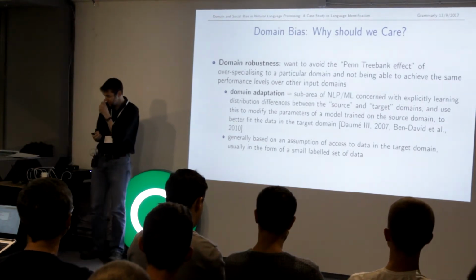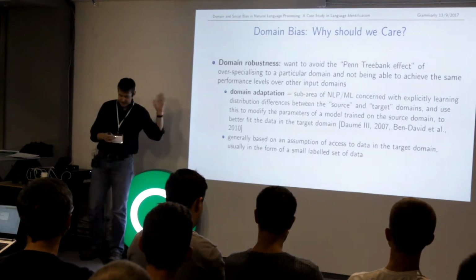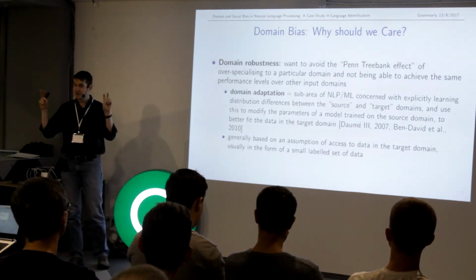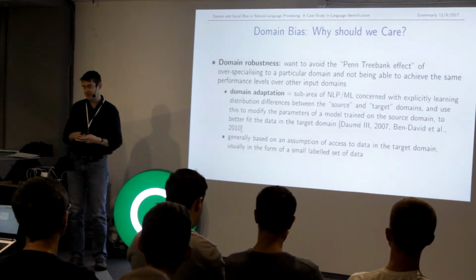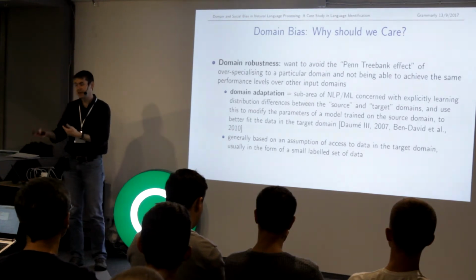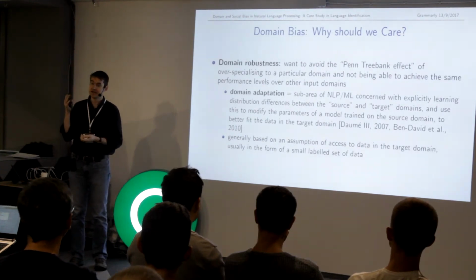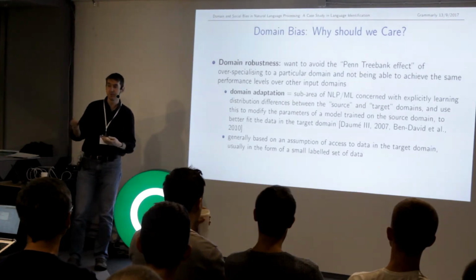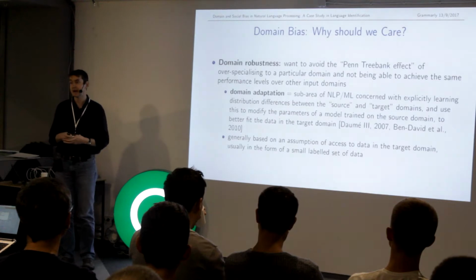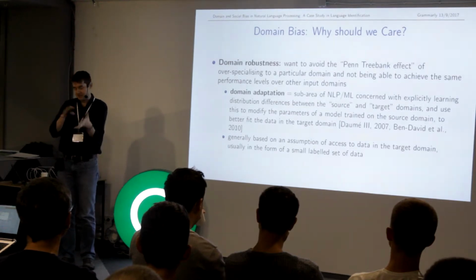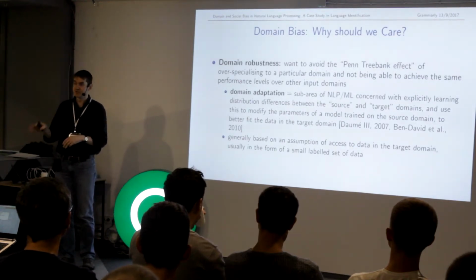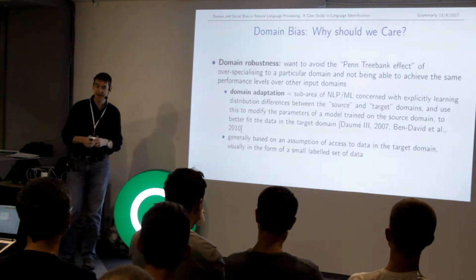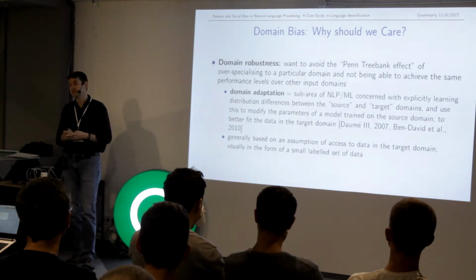So domain bias. I have in this slide the Penn Treebank effect. The NLPers will perhaps understand that the Penn Treebank is an absolute foundational dataset in NLP for constituency parsing, which has been the cornerstone of parsing research for the last 30 years or so.